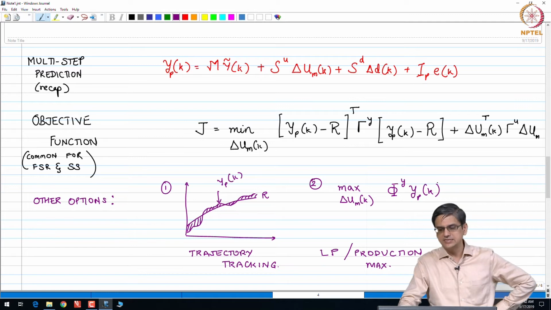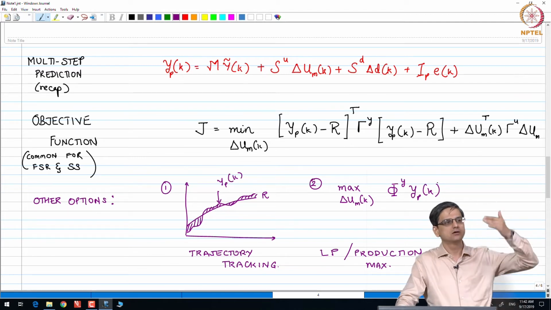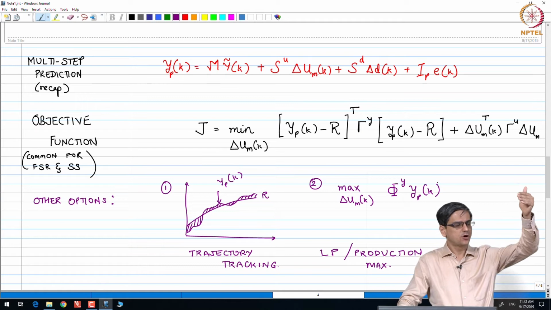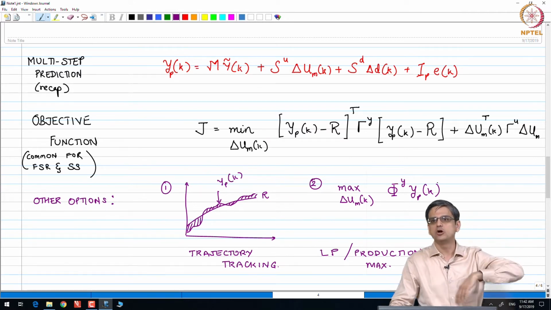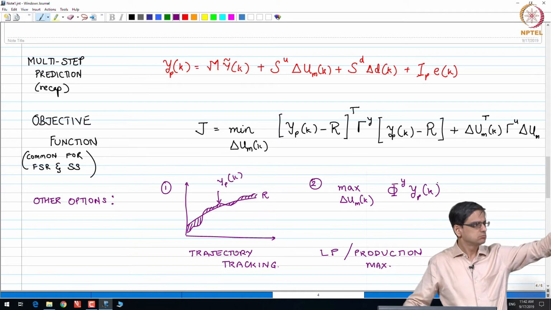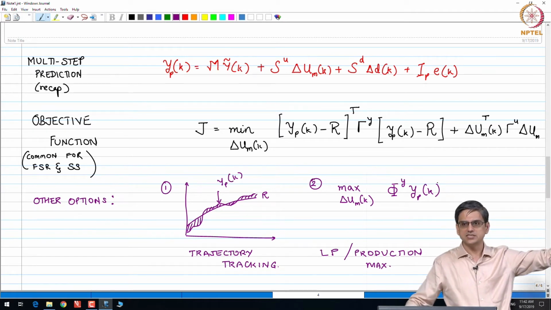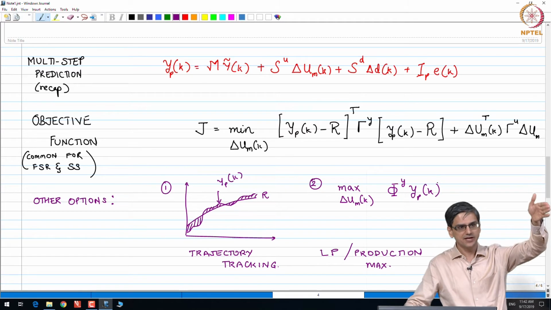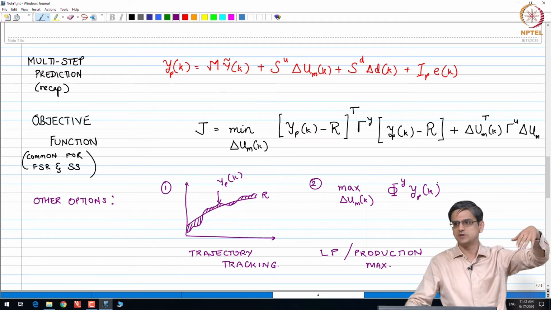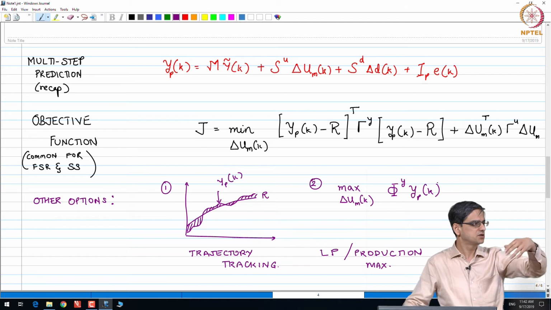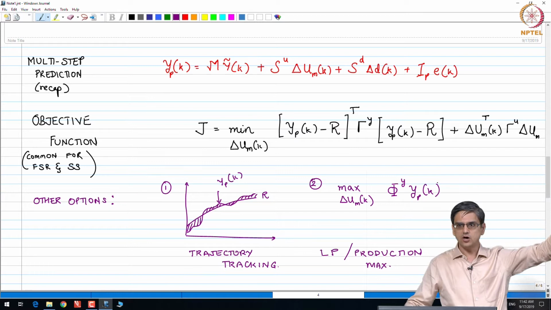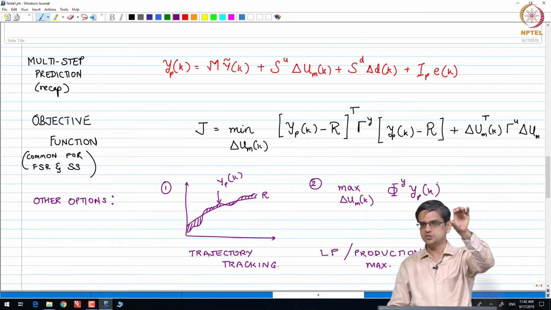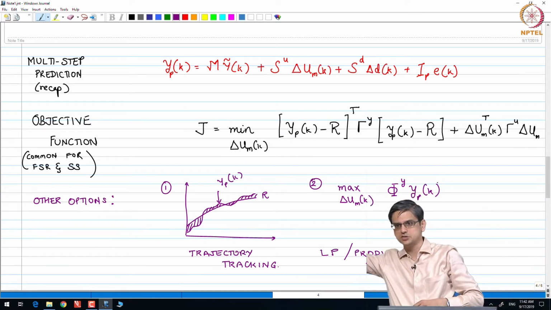For example, let us say your y's are concentration of product, concentration of reactant, temperature, and so on. Your weights would be the dollar price of the product multiplied by concentration of the product, and 0 multiplied by the others.